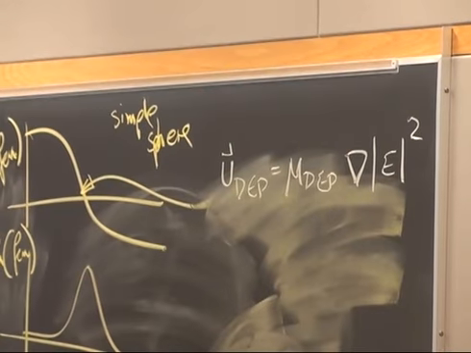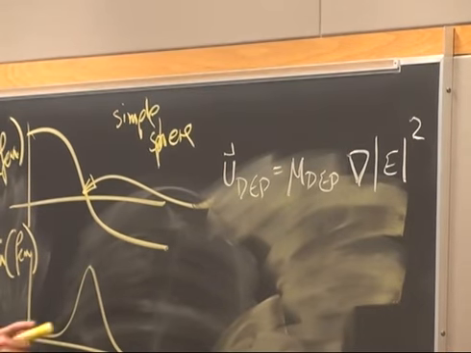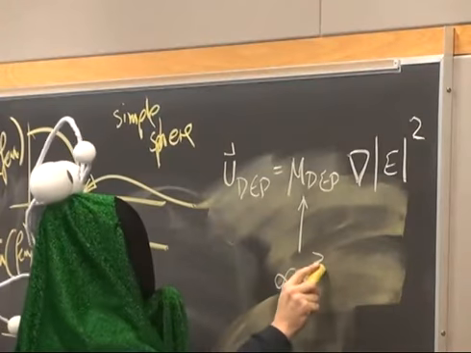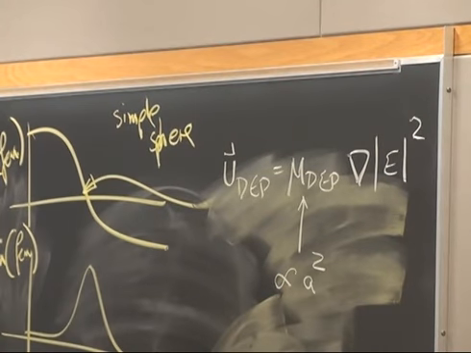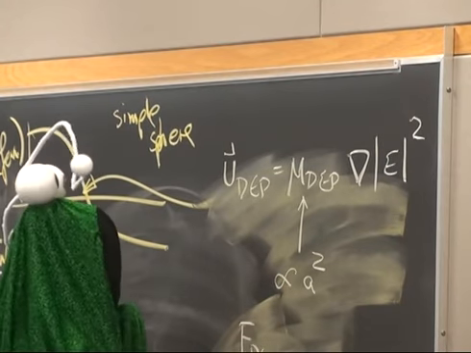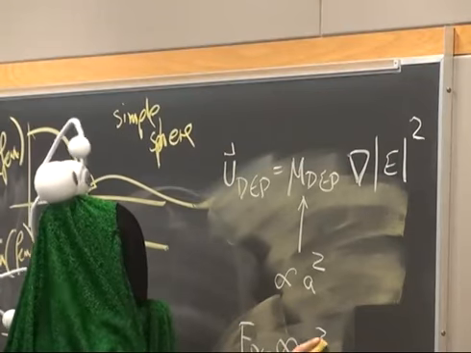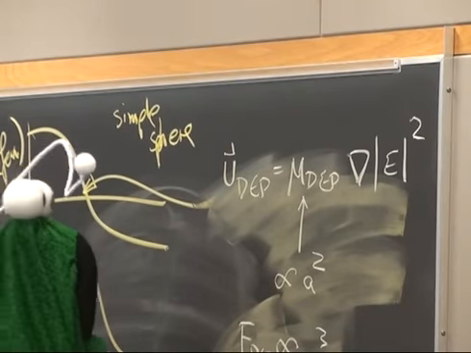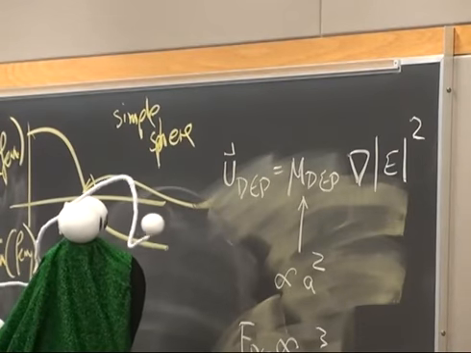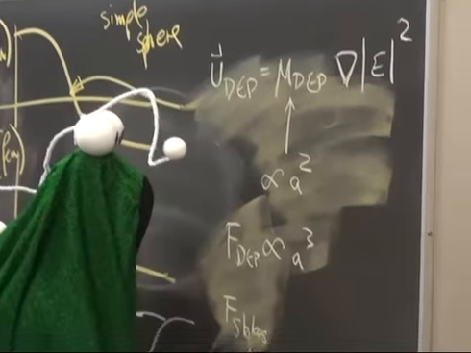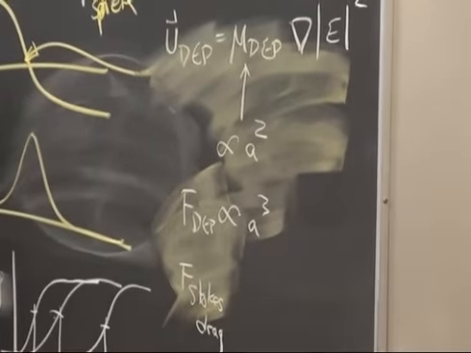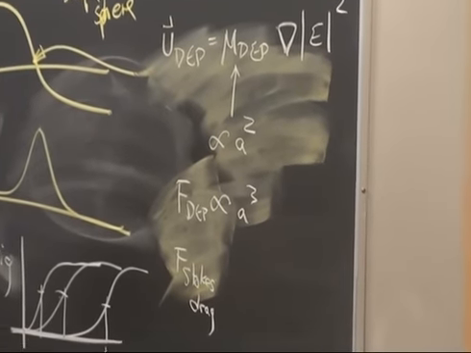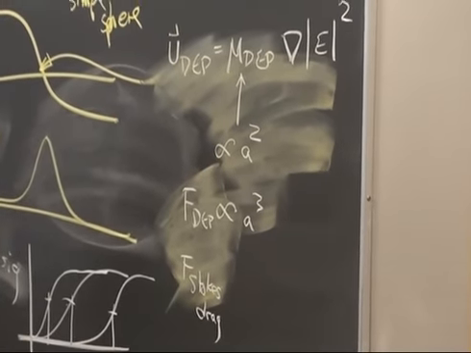This has different units from the electroosmotic or electrophoretic mobility. This dielectrophoretic mobility, we'll find, is proportional to the radius squared. And the reason is because the dielectrophoretic force is proportional to a cubed, as we've discussed in recent lectures. But it's also true that the Stokes drag on a particle, a sphere moving in Stokes flow, relates the difference between the particle's velocity and its surrounding fluid.